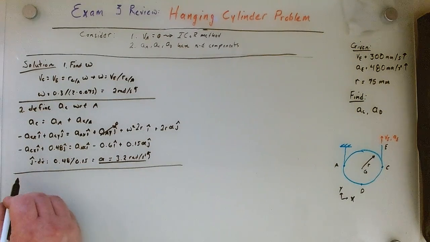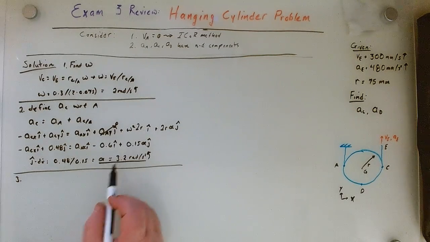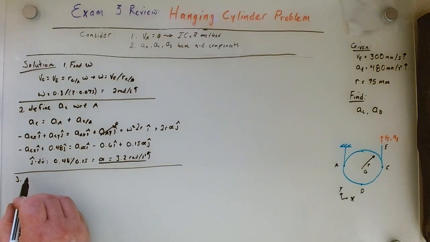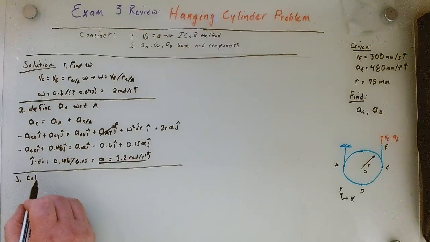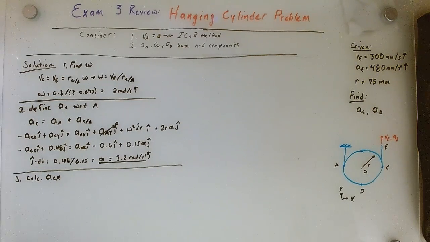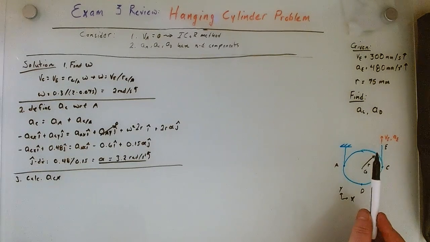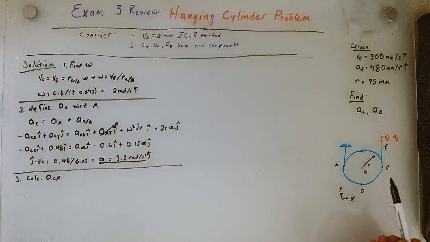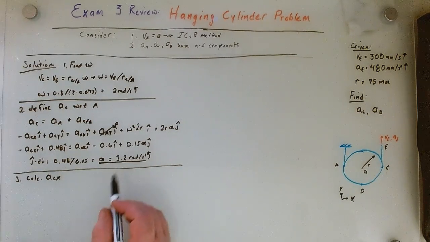So instead of doing that, we can use this to our advantage, right? So now we can just calculate ACX, right? Because ACX is defined by the motion of G in the y direction, so we can use the radius of the cylinder to calculate the acceleration there using the alpha that we just found, right?